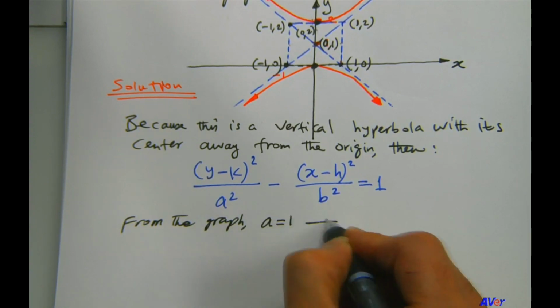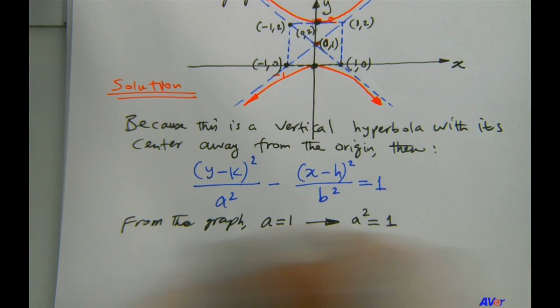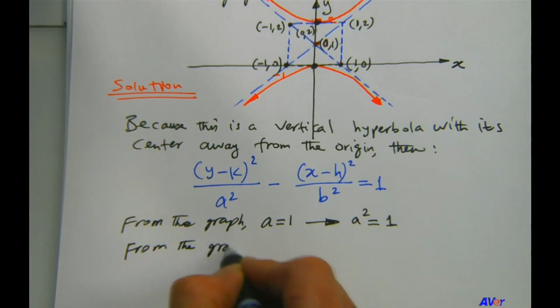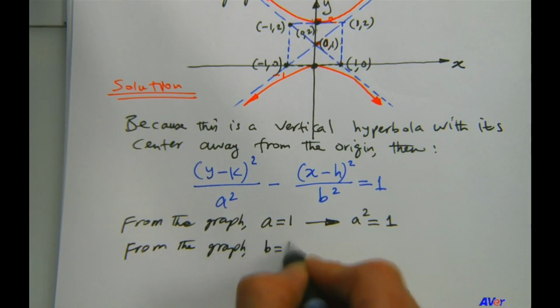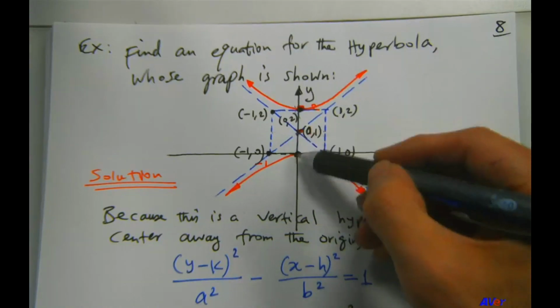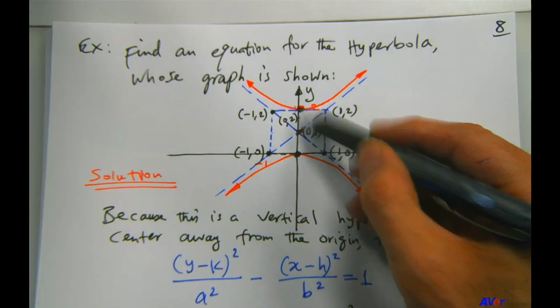From the graph, A is equal to 1, therefore A squared is equal to 1. Once again, from the graph, B equals 1, right? So A is from the center of the hyperbola to each vertex, and we know that's 1. From here to here is 1, from here to here is 1.